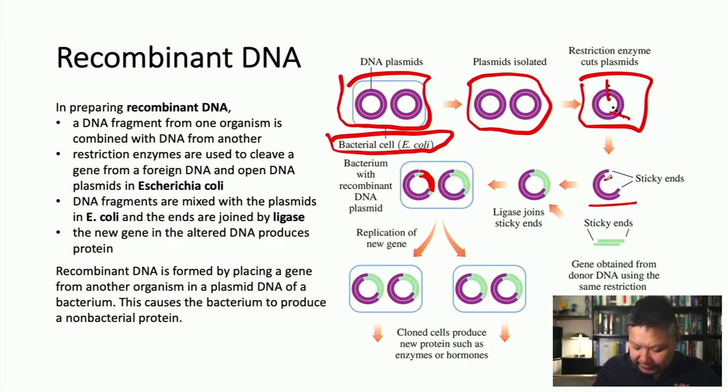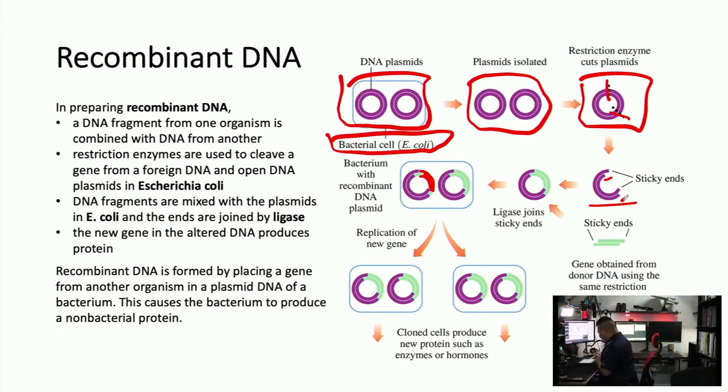It has sticky ends, right? Because when we use the restriction enzyme to cut the plasmid open, what happens is that it cuts it so that there's overhangs, right? Where the double helix is longer on one side than it is on the other, with a certain sequence.